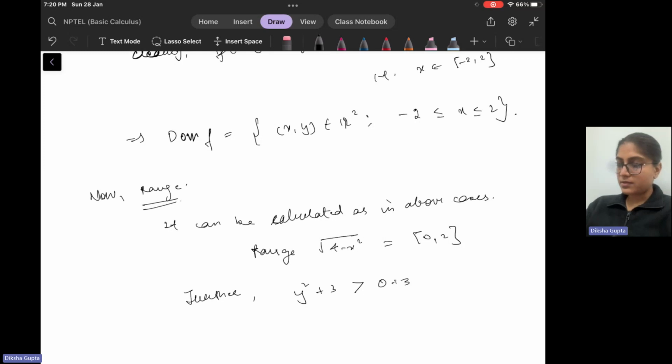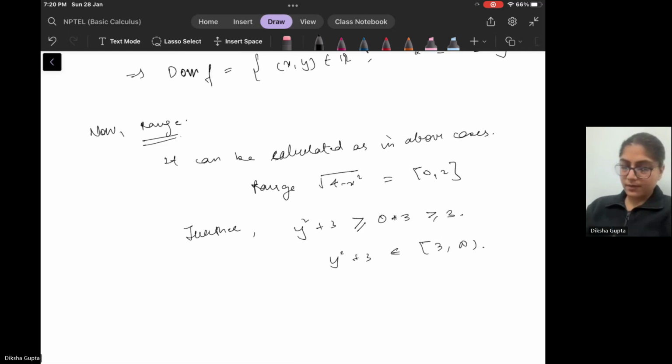Y square is always greater than or equal to 0, so it is greater than or equal to 3. So y square plus 3 belongs to 3 to infinity. And this is in fact the range of y square plus 3, since 0 plus 3 equals 3, and it will take every value between 3 and infinity, because it is a continuous function.